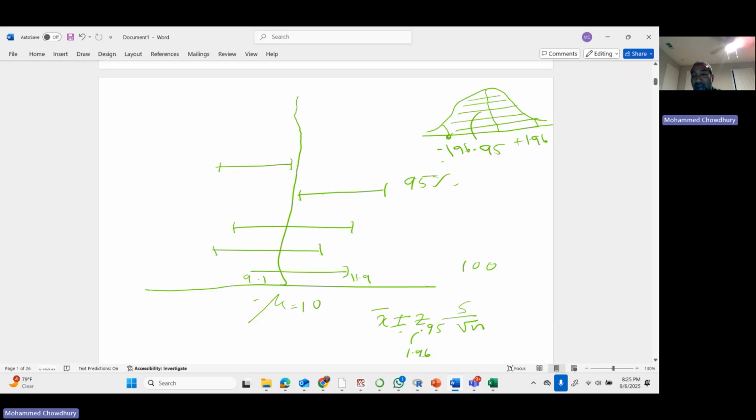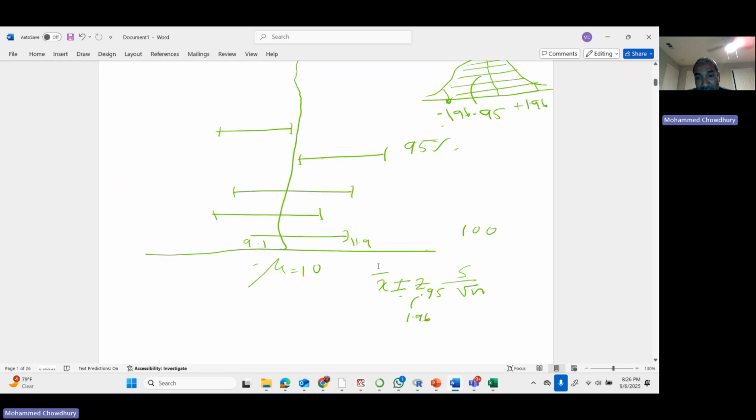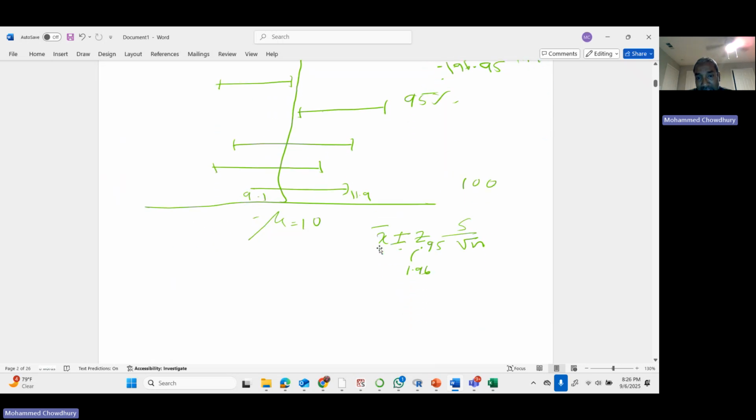We are 95% confident that our interval covers the mean. If the interval is computed in this way, it is known as the interval estimate of the mean, and we call it a 95% confidence interval because 95% of the time, on average, the true mean is covered by the interval. That is why it is known as the interval estimate.